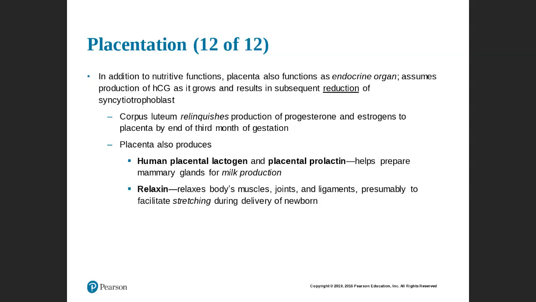So that helps prepare the mammary glands for production of milk, HPL. Relaxin is another hormone that relaxes the body's muscles, joints, and ligaments. And mainly this is to facilitate stretching during the delivery of the newborn. This is all meant for labor and delivery, a relaxing hormone.